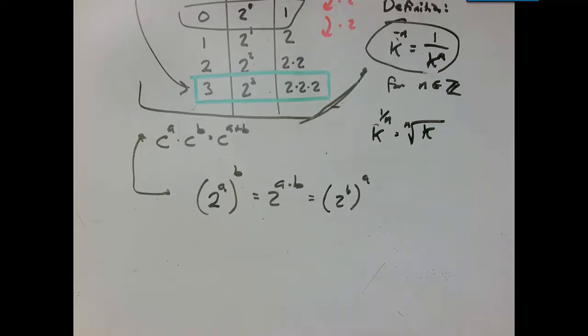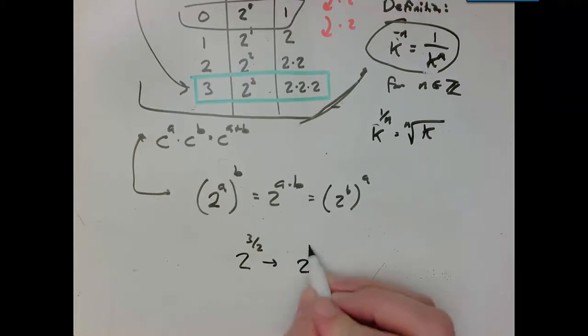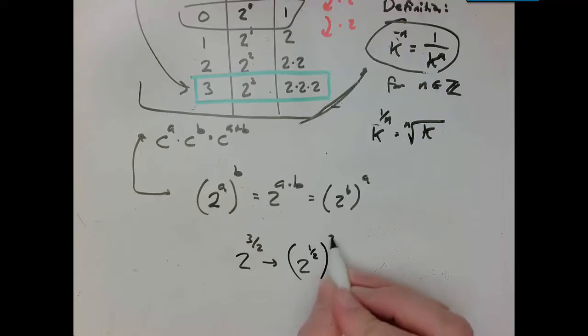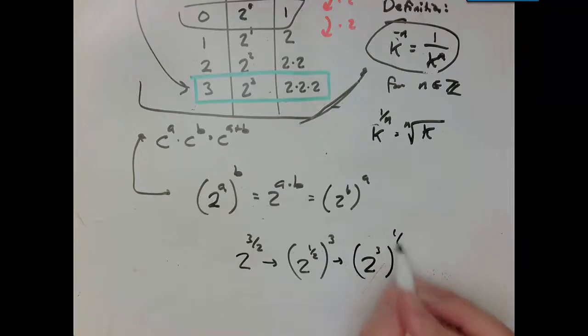But if this new rule is true, it gives us a really nice way of understanding what a rational exponent would mean. 2 to the 3 over 2 you could rewrite as 2 to the 1/2 to the power of 3. Or you could rewrite it as 2 cubed to the power 1/2.